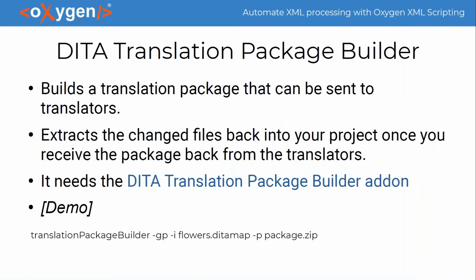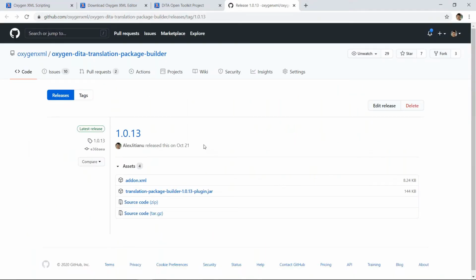But in this particular context, when we have scripts, you need a different type of installation for this translation package builder add-on. So what you need to do is go on the add-ons GitHub page on the releases, and here you'll be able to get the package and just unzip it inside the plugins directory of the all platforms Oxygen distribution.